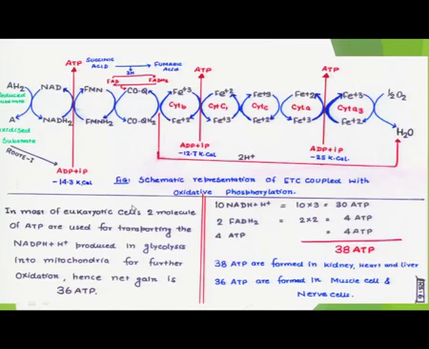So, these are the 7 carrier molecules. Finally, from A3, half a molecule of oxygen combines with electron and proton to form water.